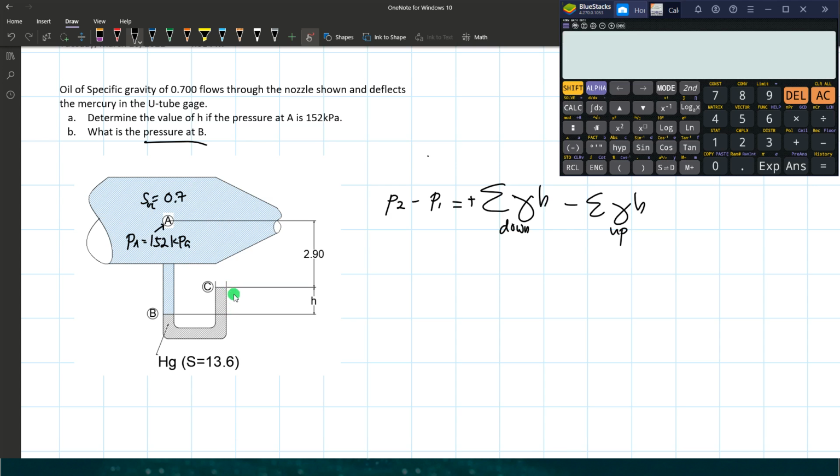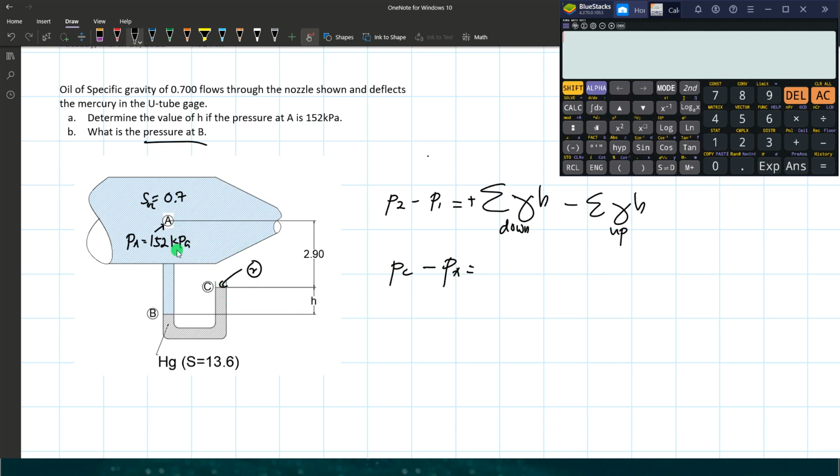So let's say here in this figure, our location of point 1 is at point A, and we will end measuring at point C. So this is point 2. We can rewrite this as PC, point 2, minus PA. So we determine the pressure difference between PC and PA.